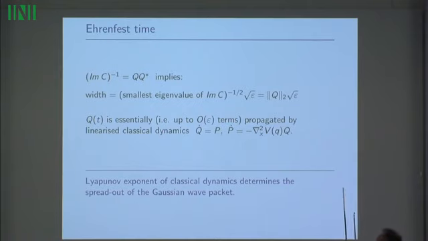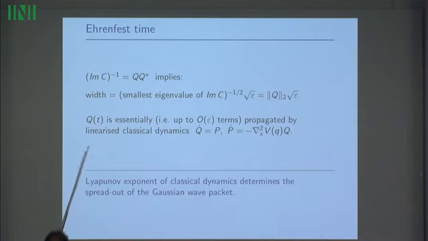And now the Ehrenfest time is what in quantum mechanics is called that time scale over which the dynamics of the Schrödinger equation can be approximated by classical motion.